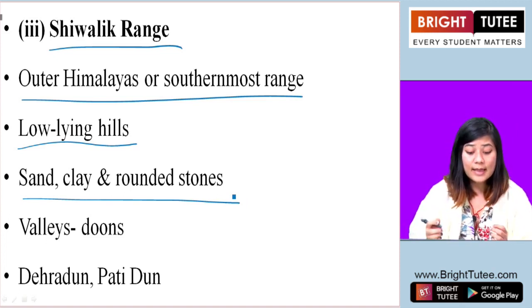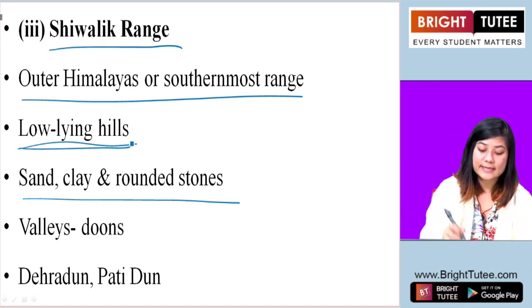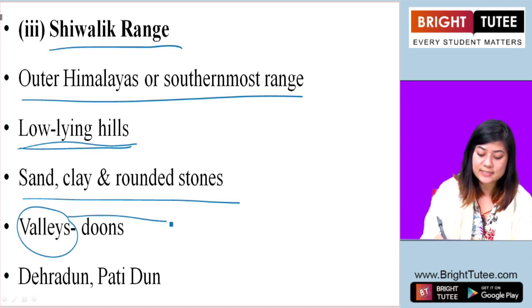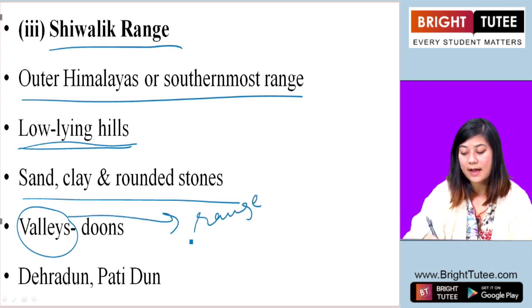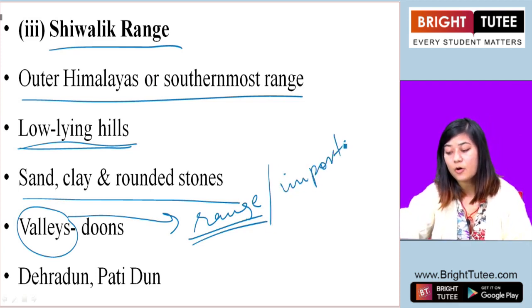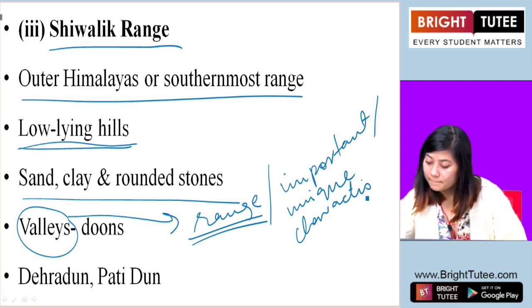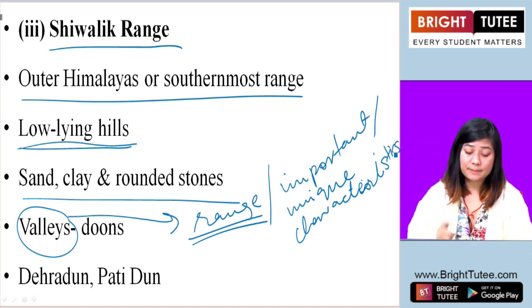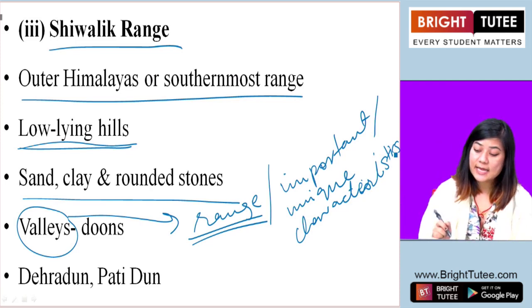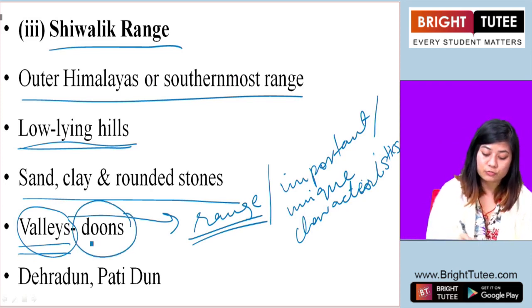Okay, and because this particular range of the Himalayas has low-lying hills, there are many valleys in this range. One of the unique characteristics of this Shivalik range is that it consists of many valleys, and these valleys are called dunes.